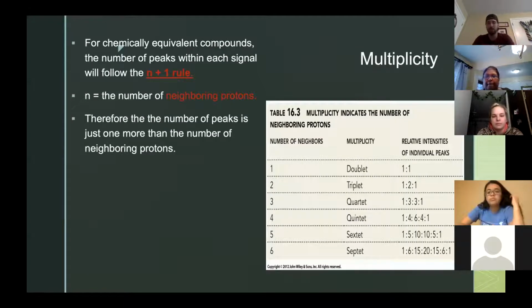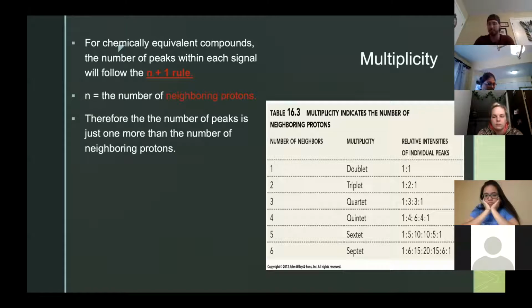So like I said before, the n+1 rule, where n equals the number of neighboring protons. Let's say there's 3 neighboring protons. Then n+1 rule, 3 + 1, 4 peaks. It's pretty simple, and this will be seen for most of the NMR spectrums that you see. This table here is just from before with the magnetic effects.